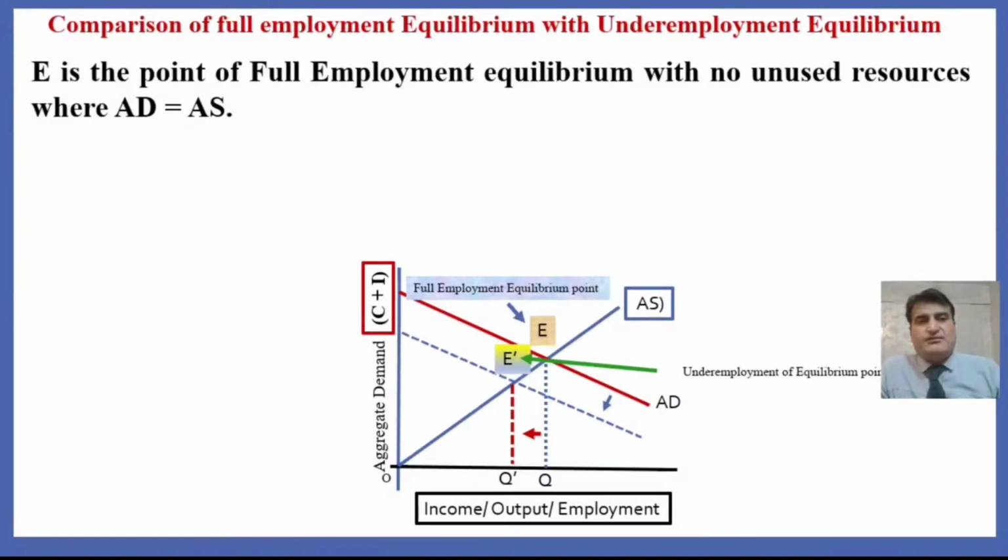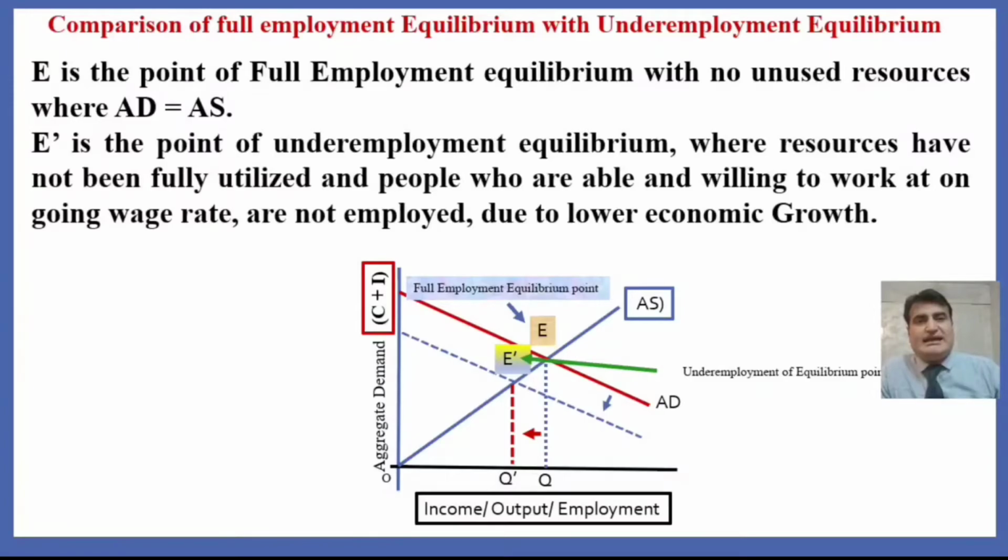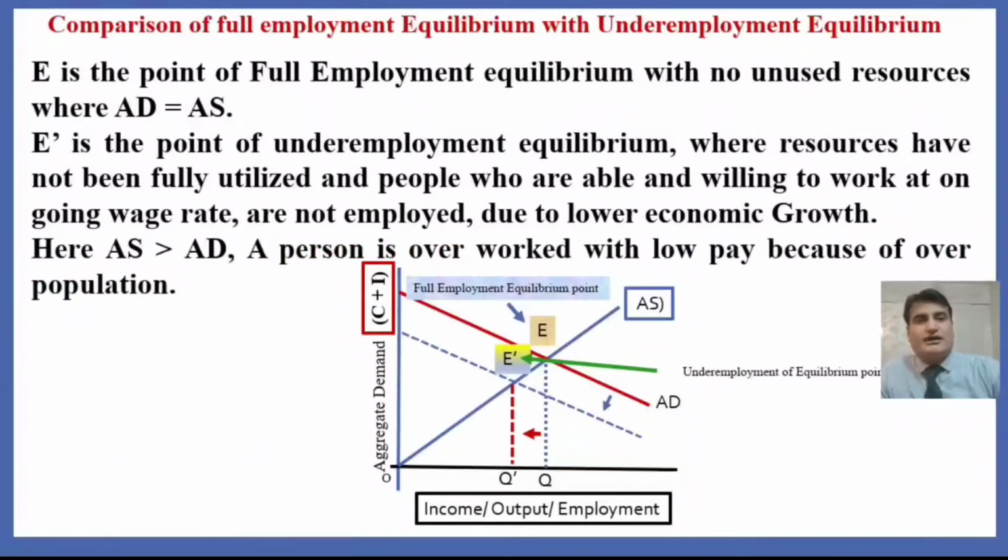E is the point of full employment equilibrium with no unused resources where aggregate demand and aggregate supply are equal, whereas E dash is the point of underemployment equilibrium where resources have not been fully utilized and people who are able and willing to work at ongoing wage rate are not employed due to lower economic growth rate. So here the aggregate supply is greater than aggregate demand. A person is overworked with low pay because of overpopulation, as the case was observed in Philippines.